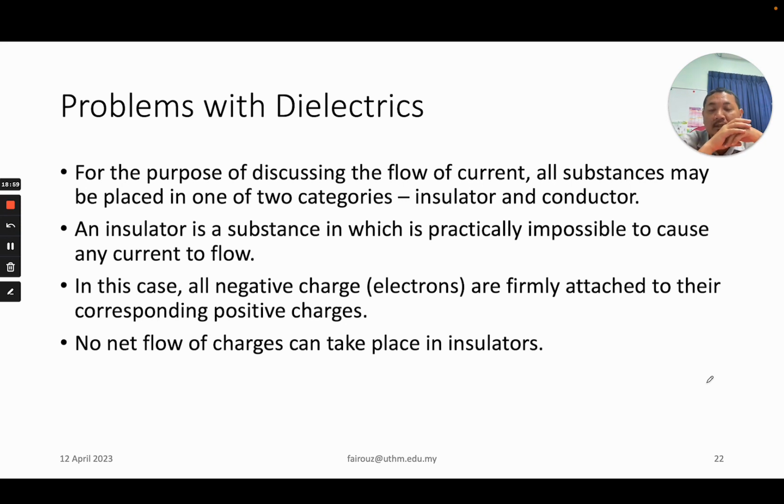Remember the polarization image. When there is no electric field, all negative charges are attached to the corresponding positive charge, so it stays in a stable condition. So no net flow of charges takes place in an insulator.